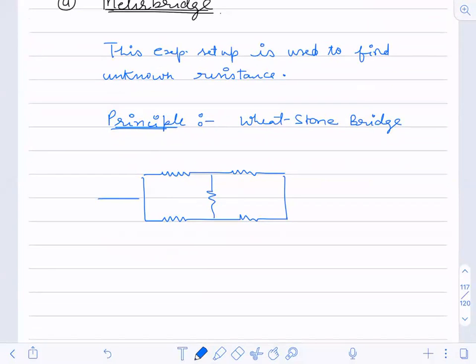Okay. So if this is P, Q, R, S, and this is W. If P by Q is equal to R by S, is this a balanced Wheatstone bridge or an unbalanced Wheatstone bridge?